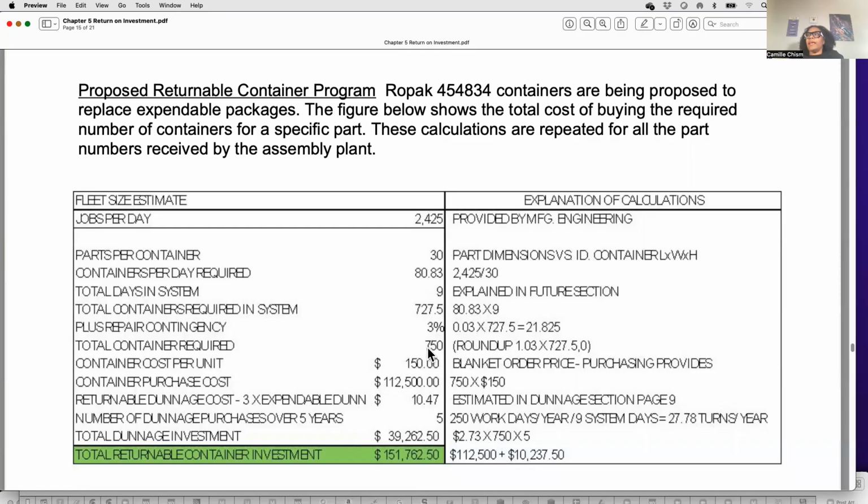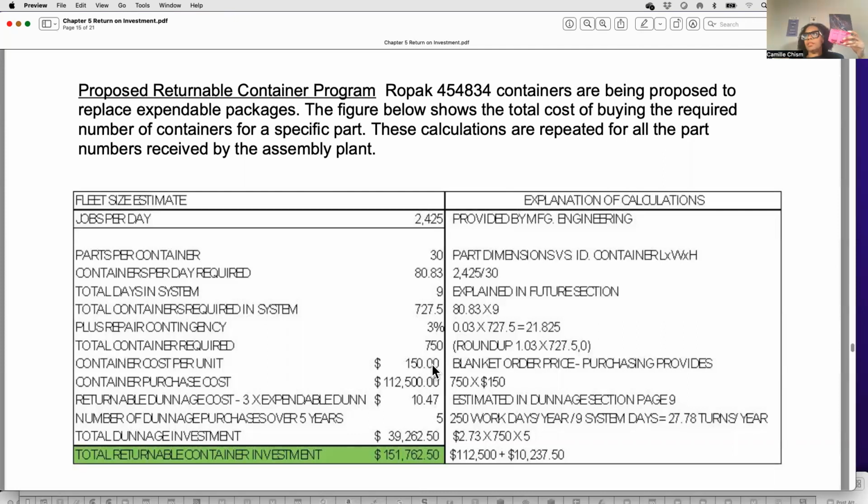So based on that, they've determined that they need 750 containers for their fleet. Again, they've got that same 9-day fleet for days in the system. So this is how they determine what their fleet is. The container cost is the same, $150 per unit, per roll pack.